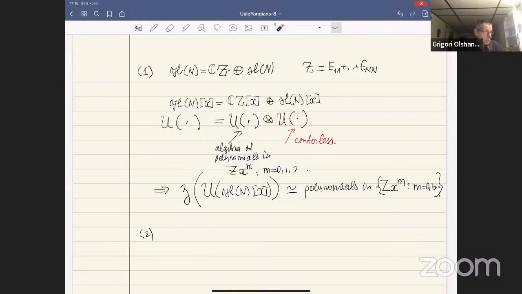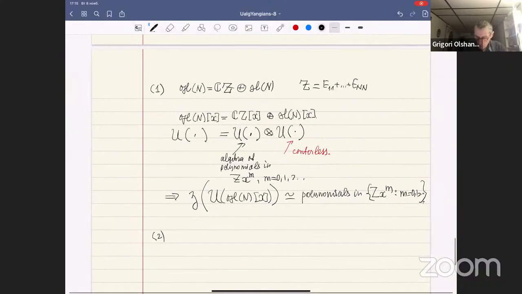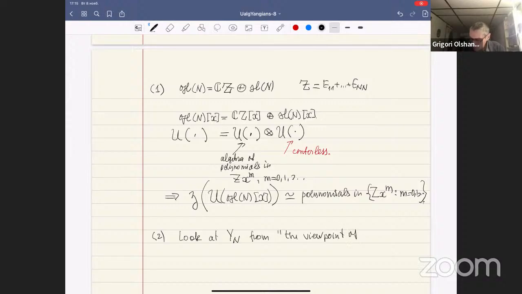But now we look at our Yangian from the point of view of a second filtration.